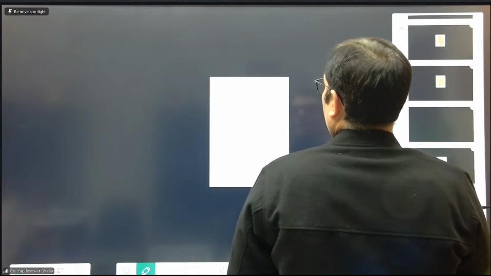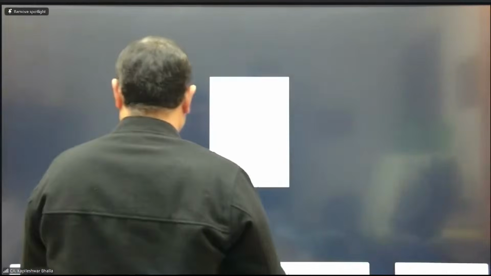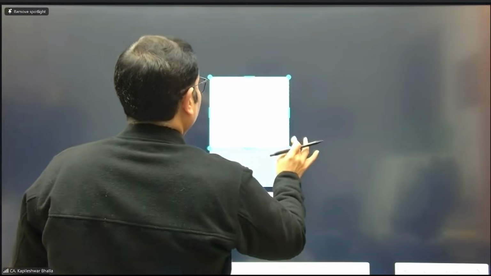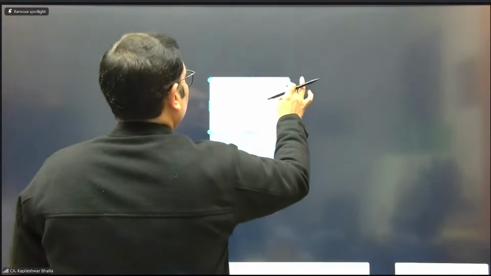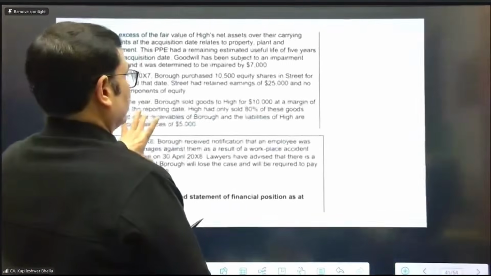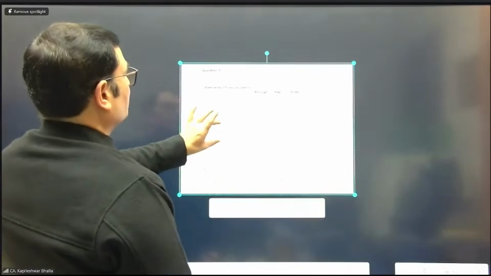Yes, let's have a look at a question. First of all, on a balance sheet. I've added a question from my side, not very complicated, but at the same time it is going to give you a complete feel of how things will be done. I've just added a question from my side, associate and subsidiary put together.